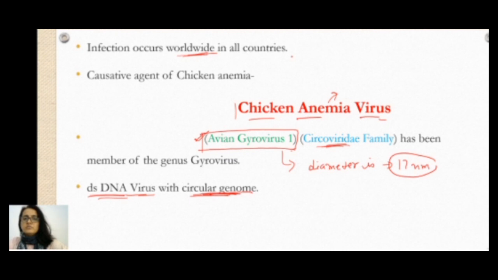Birds in all countries of the world are infected with chicken anemia virus, or avian gyrovirus 1. It is the causative agent, a member of the Circoviridae family.